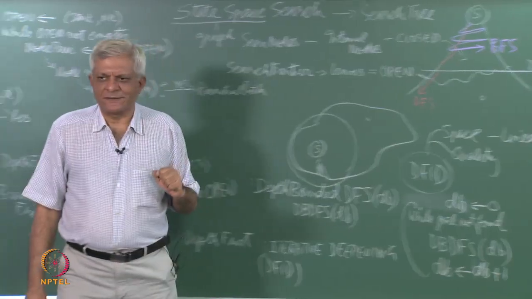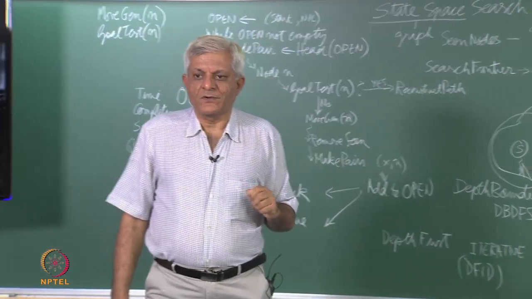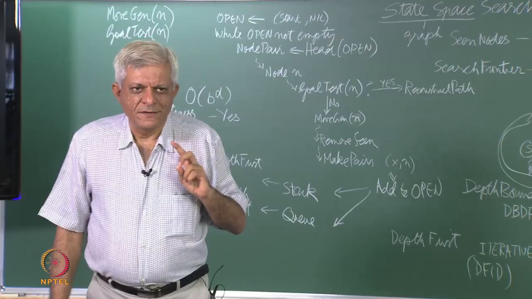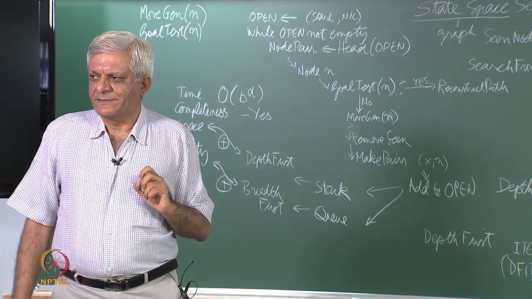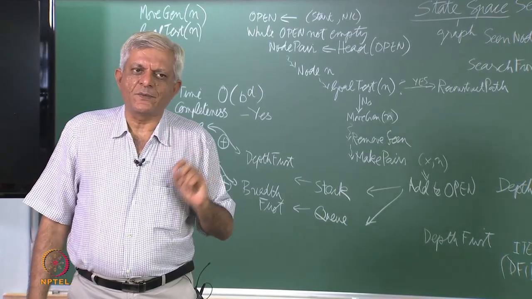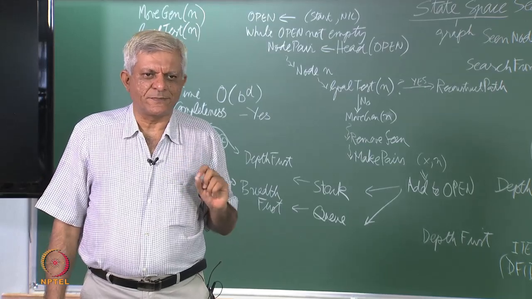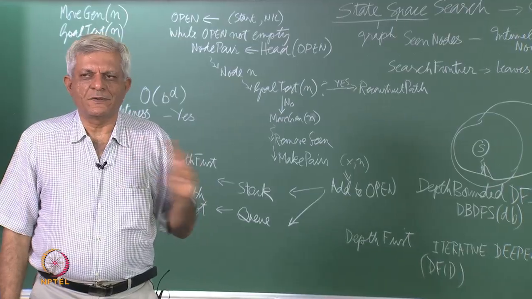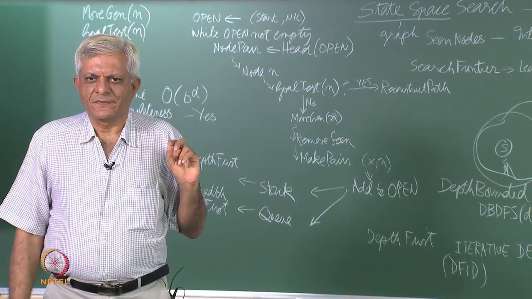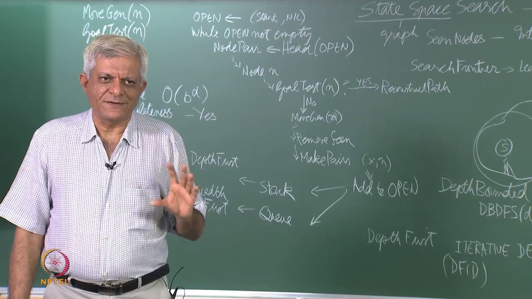Okay, what about quality? Quality, not completeness. Does it guarantee an optimal solution? Does it guarantee a shortest path? There is no depending upon. I have given the algorithm completely. I am asking you the question that this algorithm, does it guarantee you an optimal solution? Yes. Oh, that is a very resounding yes.